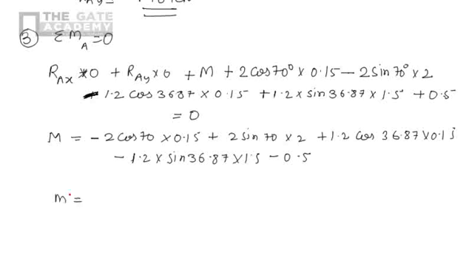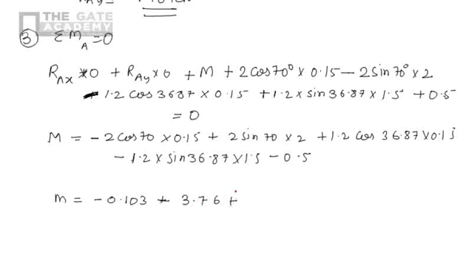So 2 cos 70 into 0.15 will come around 0.103. Similarly, 2 sine 70 into 2 will come around 3.76.